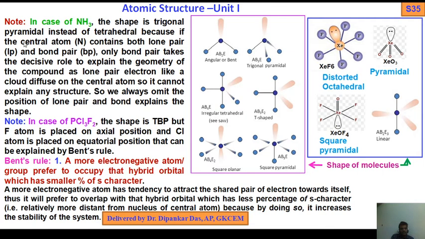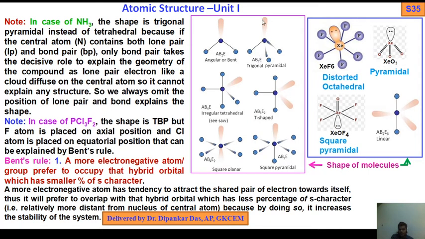The shape is trigonal pyramidal instead of tetrahedral because, if the central atom nitrogen contains both lone pair and bond pairs, only bond pairs take the decisive role. Only bond pairs take the decisive role in explaining the geometry of the compound, as lone pair electrons, like a cloud, are diffuse on the central atom, so they cannot explain any structure. So you always omit the position of lone pair.